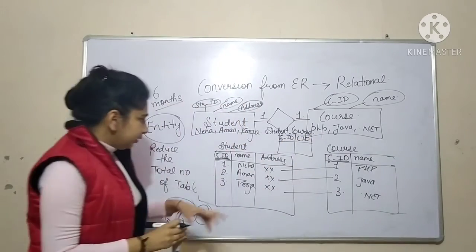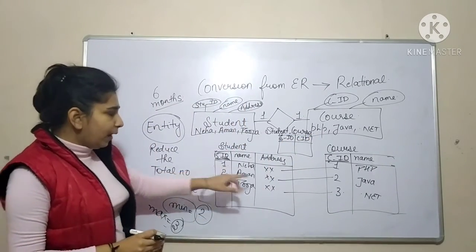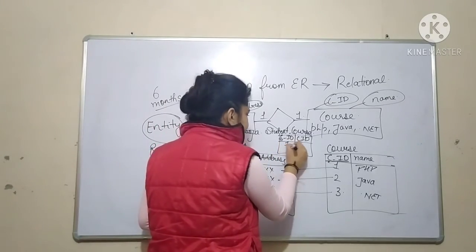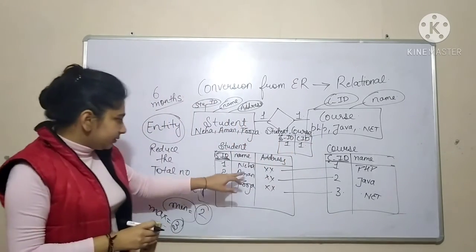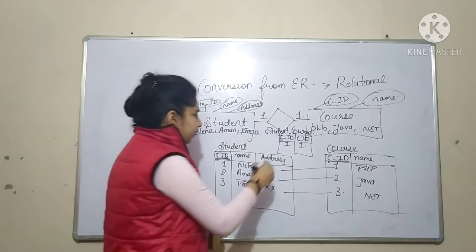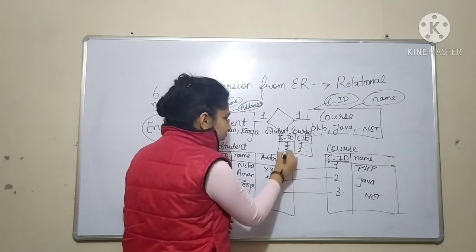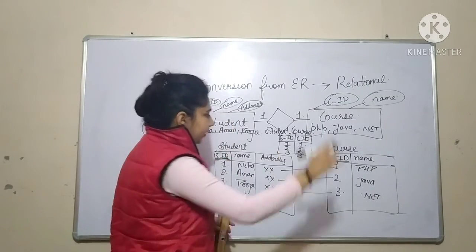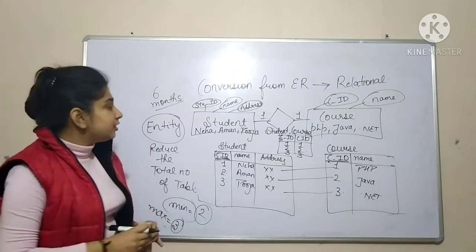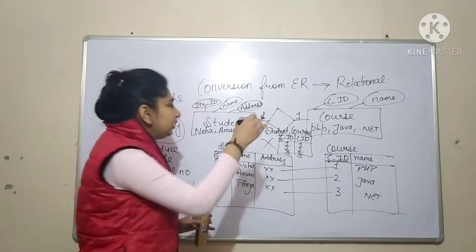Now link. Your Neha, student ID 1, is studying course ID 1, PHP. Okay. Your student Aman, ID 2, is studying Java. This way you can link. This way you can also make the separate table for the relationship, but we actually don't make it.